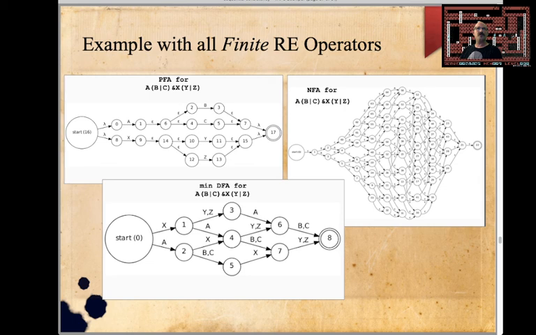This is another one to show. This is the stepwise conversion of a parallel regular expression that includes the OR operator from a PFA to the NFA to the minimal DFA. I skipped the DFA because it doesn't really show much that's interesting.